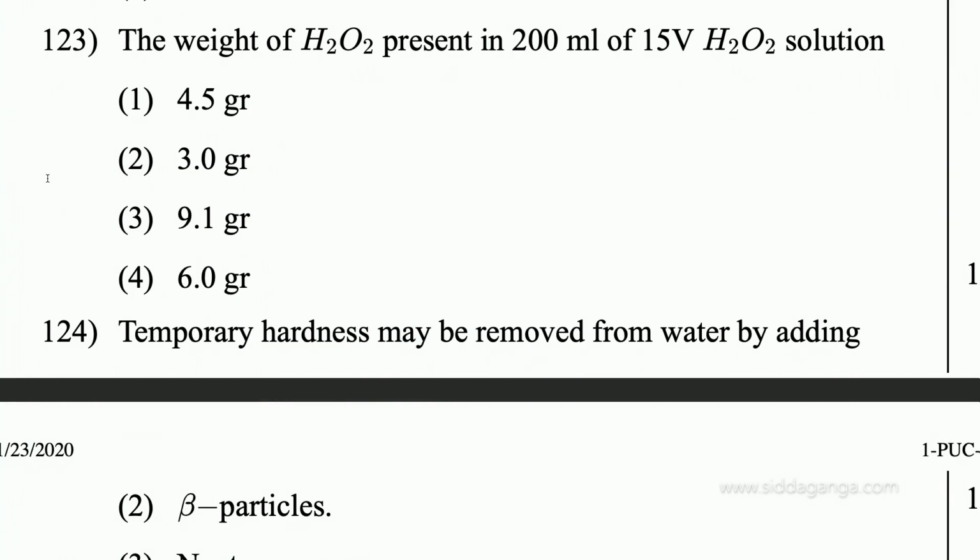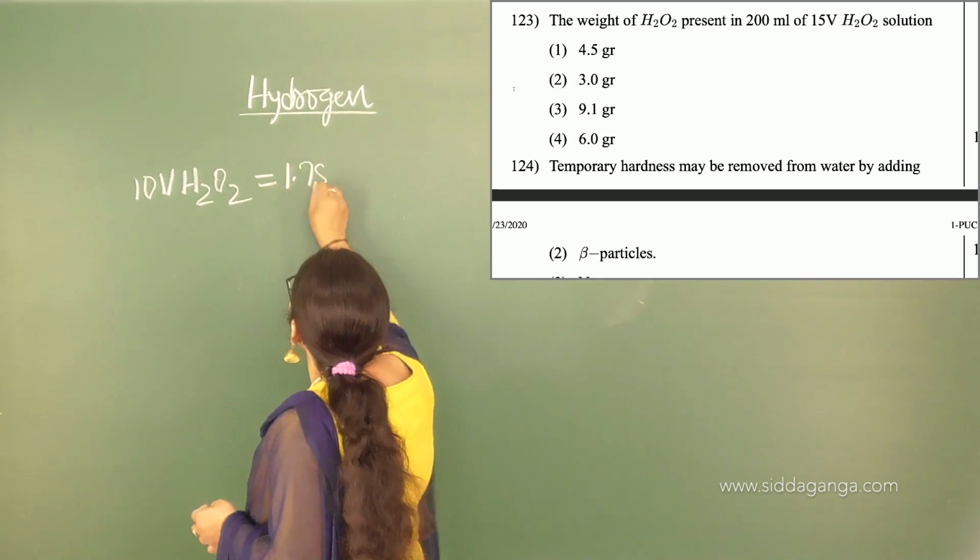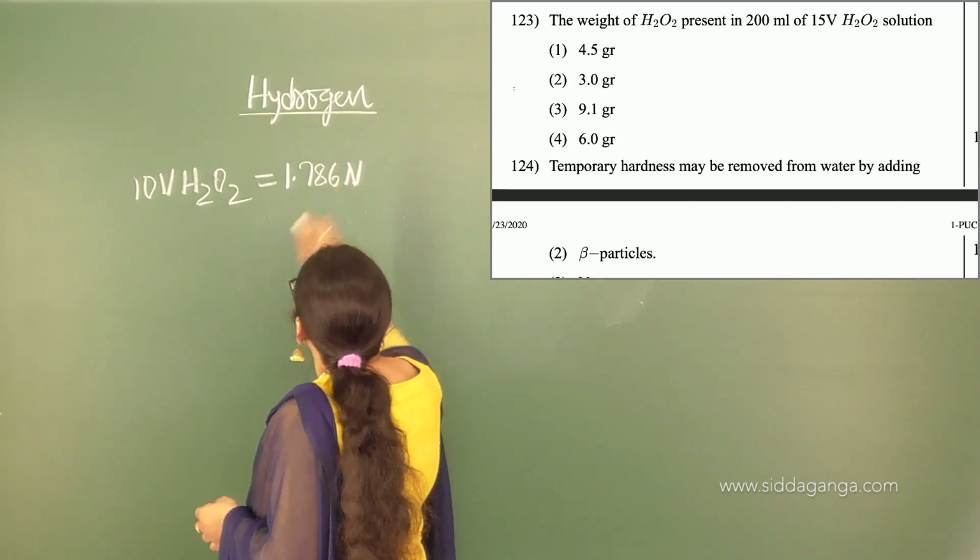Yes, the weight of hydrogen peroxide present in 200 ml of 15 volume H2O2 solution. Okay, so this is one more important question here. 10 volume H2O2 is equal to 1.786 normal.